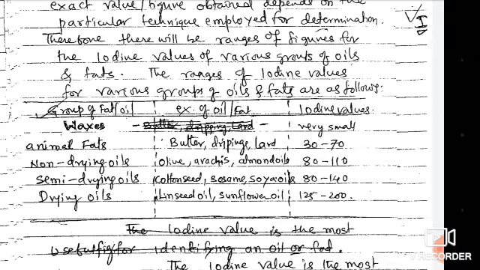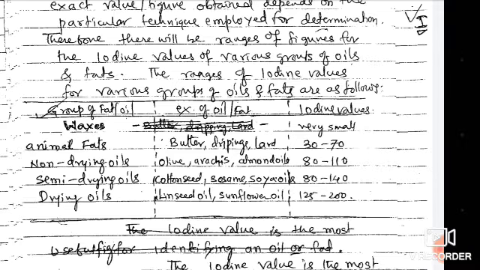For the waxes, the iodine value is very small. For animal fats, the examples are butter, drippings and curd. Such animal fats have an iodine value of about 30 to 70.